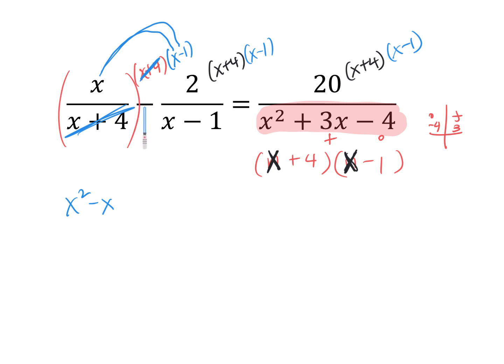Negative. Yeah, I totally forgot. Right? These are going to cancel. What's going to be left when I distribute this? It's going to be negative 2x minus 8. Because of that. You okay with that? Okay. Oh, perfect. You guys, this is the best.